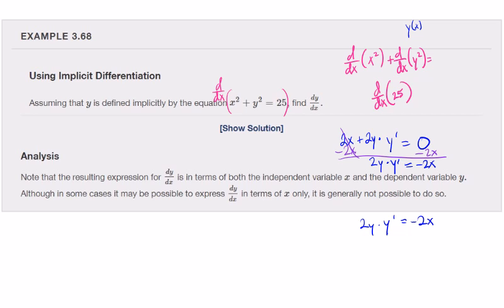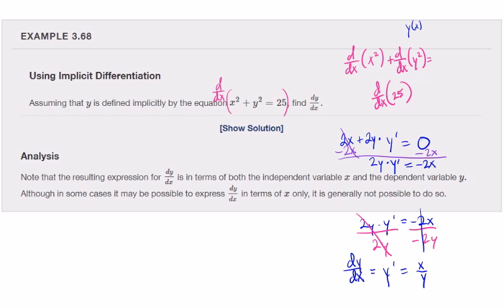Now all I have to do is divide both sides by 2y, and now I have y prime all by itself. Negative divided by negative is a positive, 2 divided by 2 cancels out, so it's just going to be x over y. And so this is the derivative: dy dx equals y prime equals x over y.